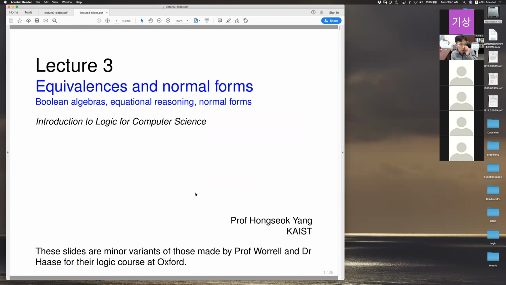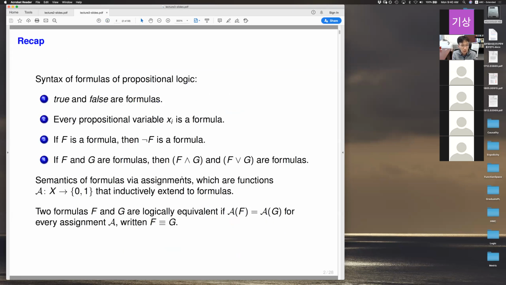The next topic is equivalence and normal forms. This is in some sense quite easy, but I will make it a little bit more difficult, or a little bit unusual, in a few places. Equivalences you learn about in high school when you learn about logic, but there are some things that I want to say a bit more about.